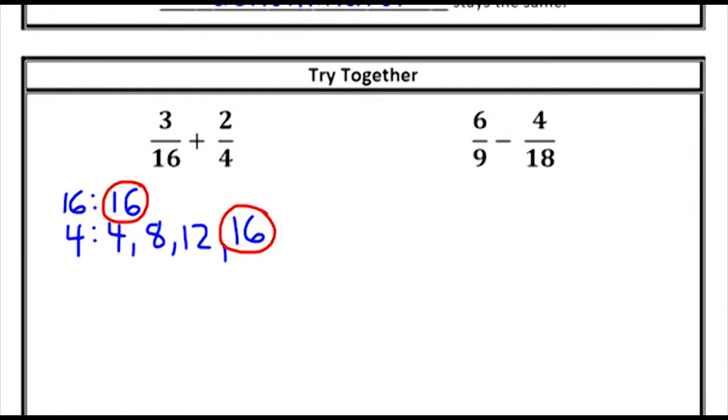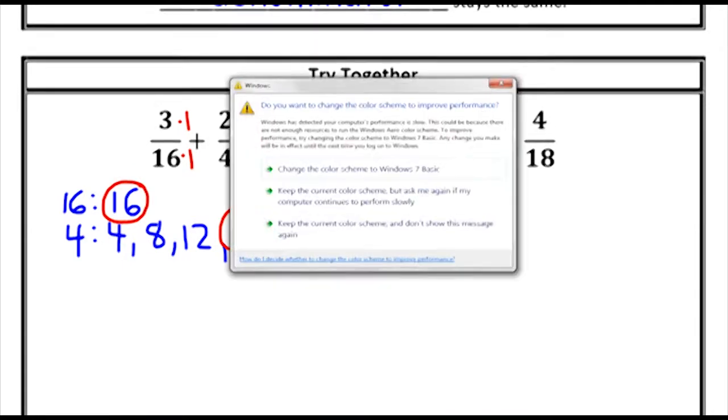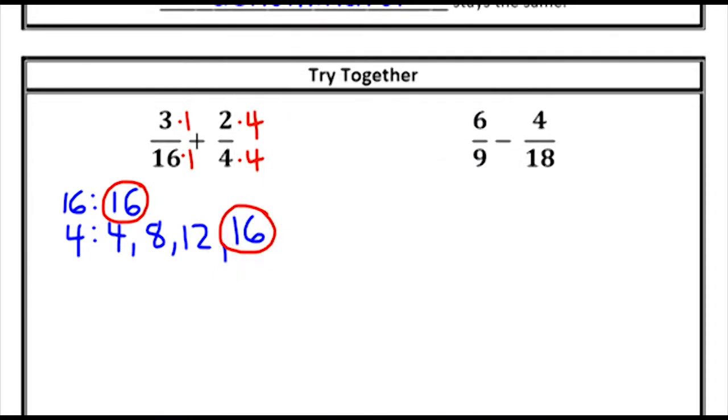I'm going to multiply 16 by 1 and 3 by 1 because it's the first multiple. Multiply 4 by 1, 2, 3, 4. Multiply 2 by 4. 3 times 1 is 3. 16 times 1 is 16. 2 times 4 is 8. 4 times 4 is 16.